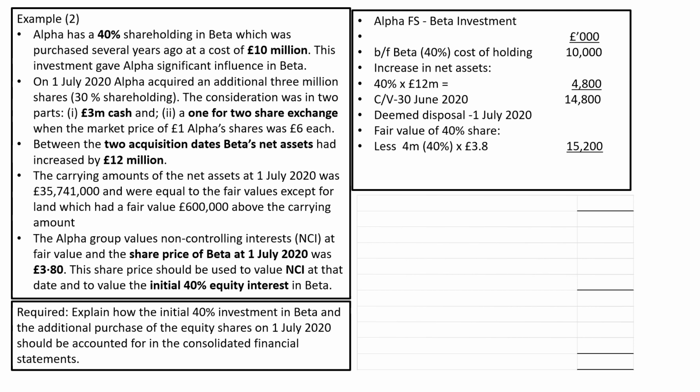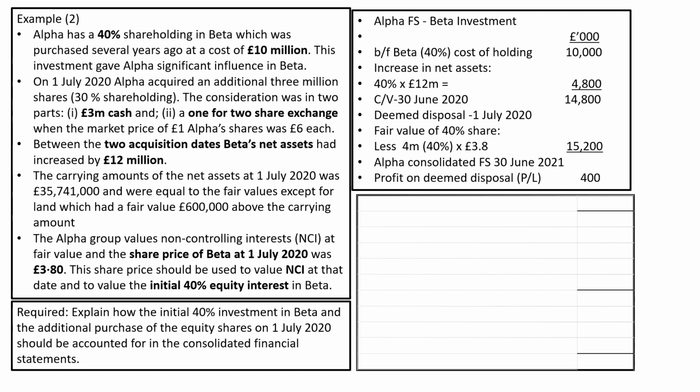So that gives us 15.2 million, and if we take one away from the other, we get a profit on deemed disposal, which is 400,000. As this amount will go to Alpha's consolidated financial statements of 30th of June 2021.